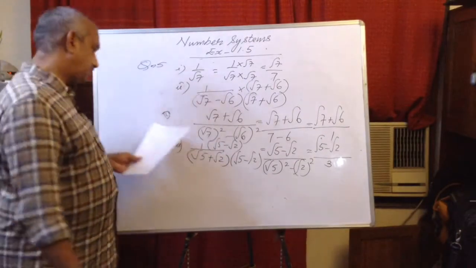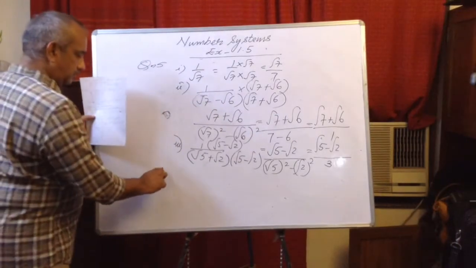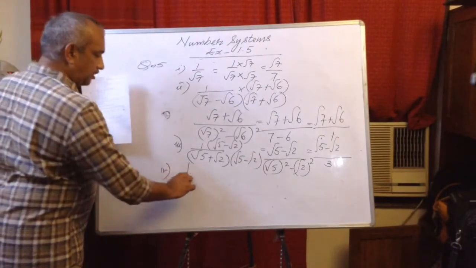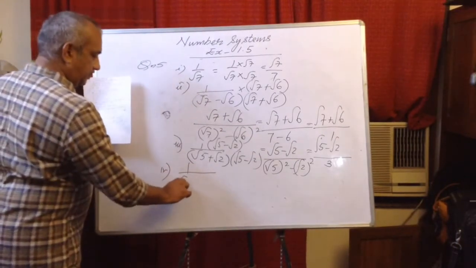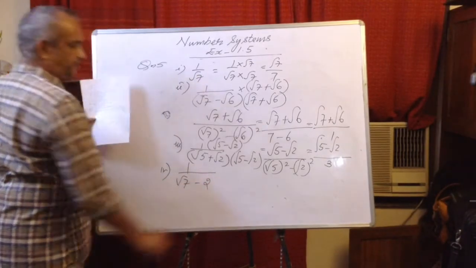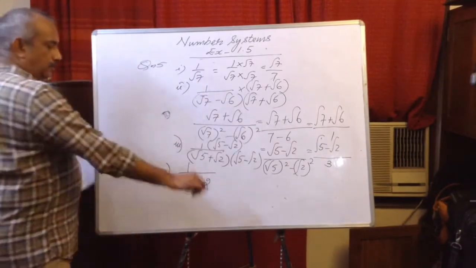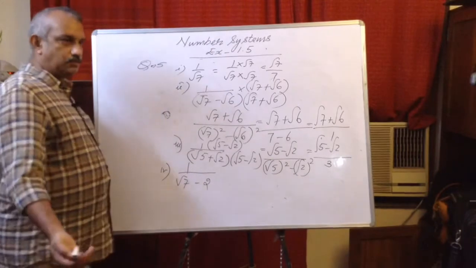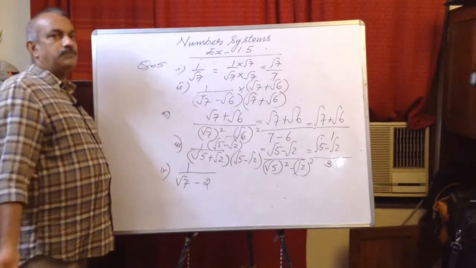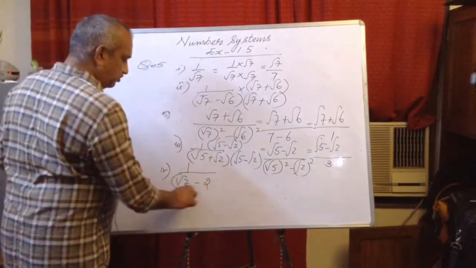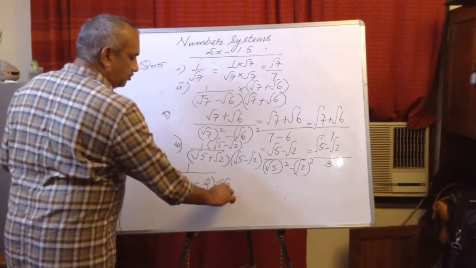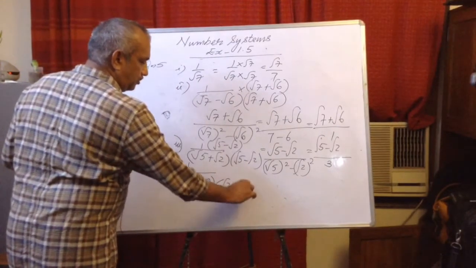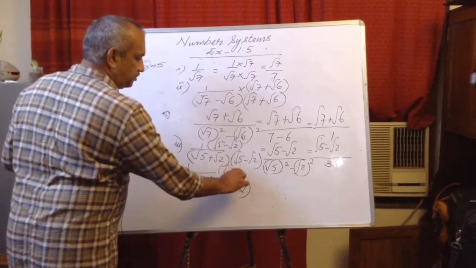Now the last question. See, simple questions only. 1 upon root 7 minus 2. So whether it has a root sign or not, the denominator is a binomial. So we will multiply both numerator and denominator by root 7 plus 2, root 7 plus 2.